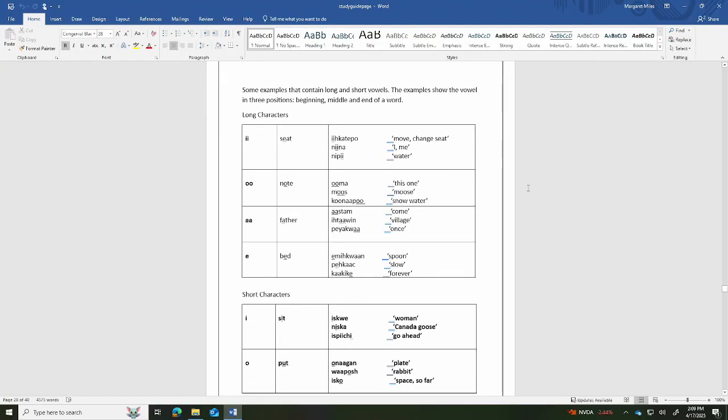Next is examples of long vowels. You could see it on the left.